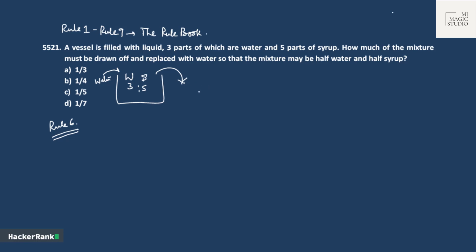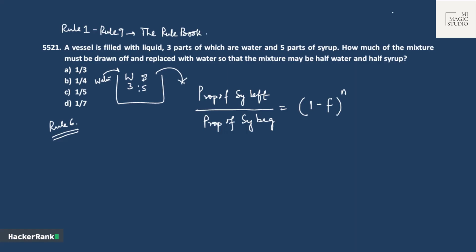Since water is replaced, I'll put the formula as: proportion of syrup left divided by proportion of syrup in the beginning equals (1 minus f) to the power n. n is the number of times this replacement is done, that is 1 in our case. f is the fraction of the mixture that is being taken out.